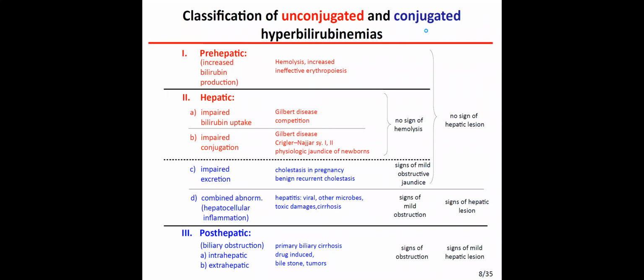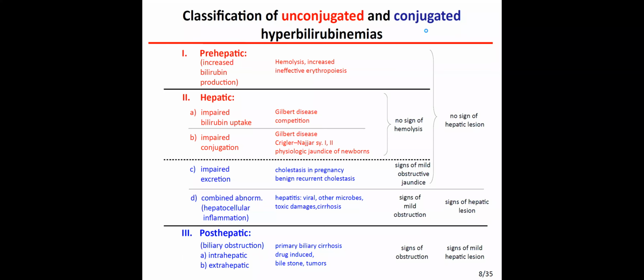Or when we do have the heterozygosity form, when we still have some glucuronide conjugase activity, but less, that's type 2. Physiologic jaundice as well, we do have increased hemolysis, plus a not fully active glucuronide conjugase activity. Impaired excretion can be due to pregnancy-associated cholestasis because the progesterone is altering the bile excretion.